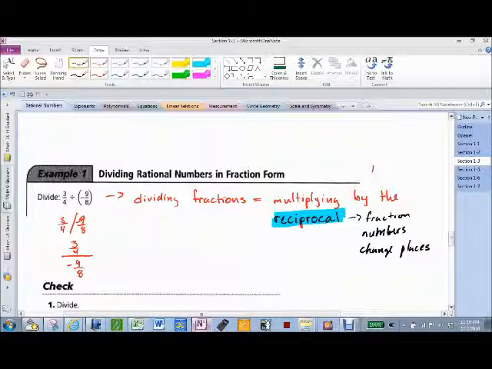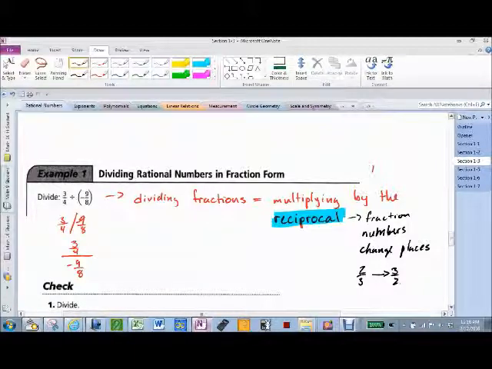And there's a whole bunch of stuff about reciprocals that makes them very powerful. We're not going to talk about them at all, except to divide fractions. So just to show you, if 2/3 is the fraction I start with, what's its reciprocal? 3/2. Please notice the places just change.